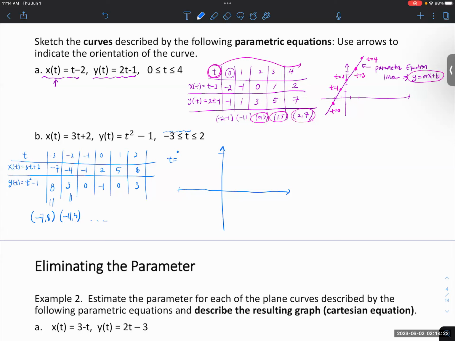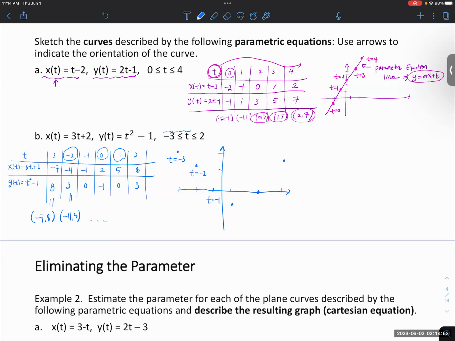When t equals -2, we have -4, 3 around here. When t equals -1, -1, 0 right there. When t equals 0, 2, -1. When t equals 1, everything is positive, so 5, 0. And then t equals 2 is going to be 8, 3.